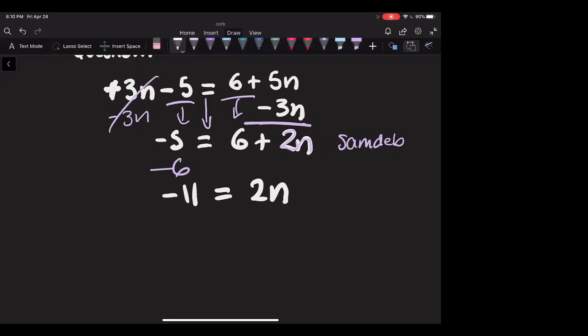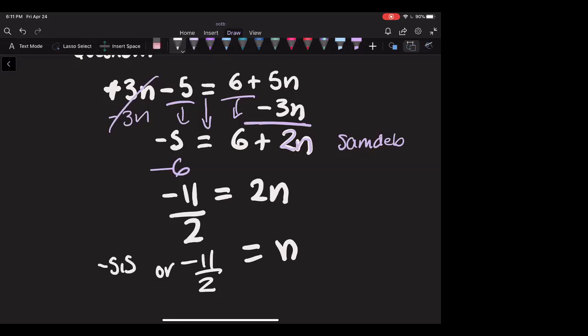Now, is this 2 multiplying with n or dividing? Dividing because it's a multiply. Exactly. We're going to do the opposite. So we divide this by 2. So your answer is either negative 11 over 2 or negative 5.5.